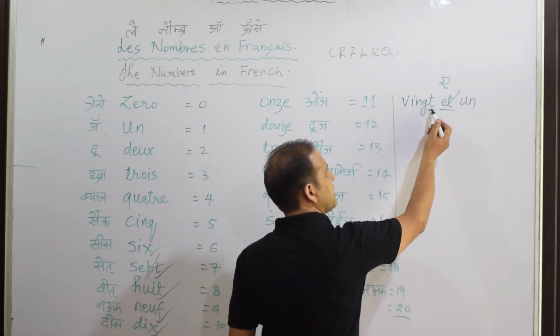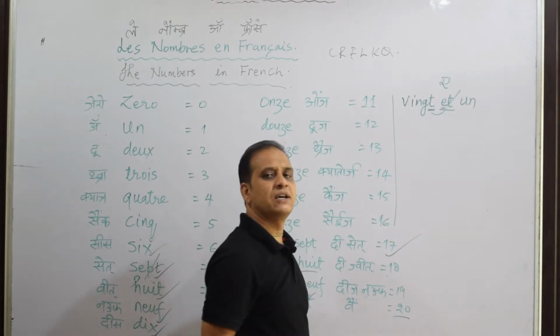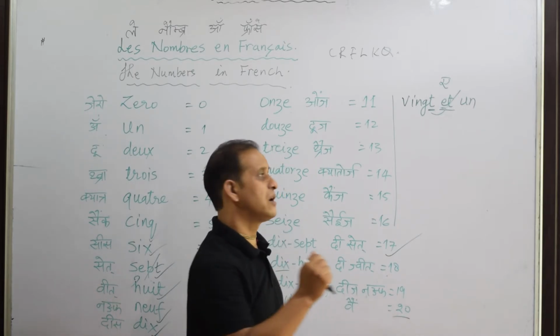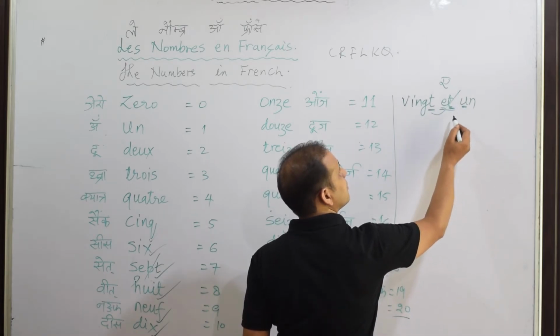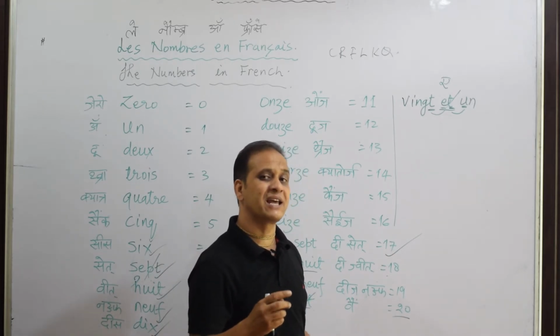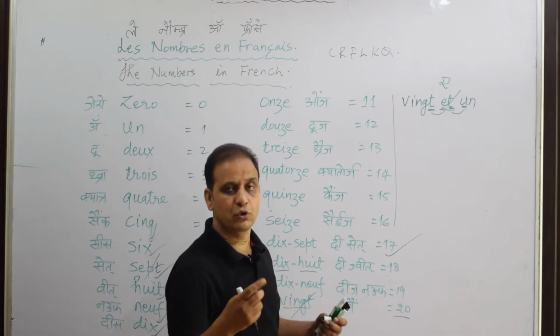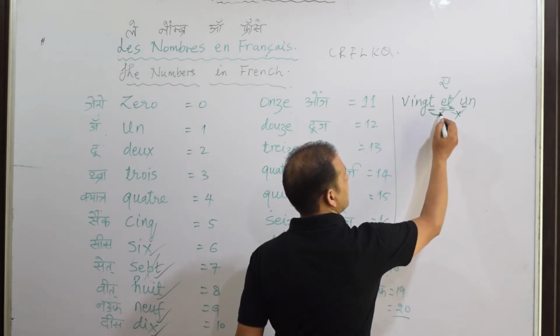If a word already ends in a consonant and the next begins with a vowel, in that case both the words are usually pronounced together. Usually, not all the time. Here it is ending in a consonant and it begins with a vowel, so they should have been pronounced together, but they are not. Why? There is no answer to that why. That's why I told you usually. Sometimes there are exceptions. So here they will be pronounced together.